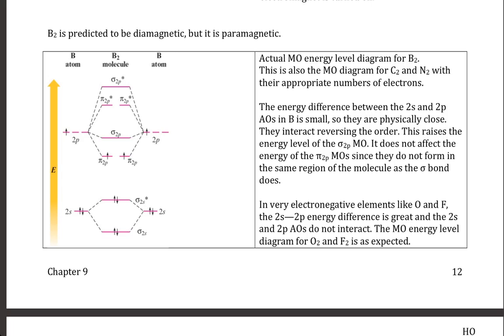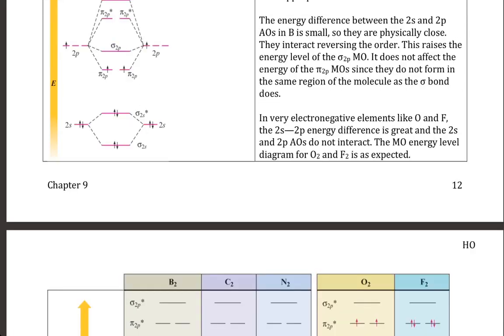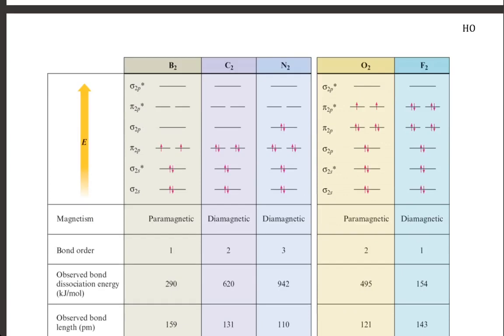That is, B2 is now predicted to be paramagnetic, which it is experimentally. So for molecules like C2, like N2, they have this energy level diagram. For molecules like O2 and F2, they have the energy level diagram that was that first one that we came up with. And that's all summarized here.